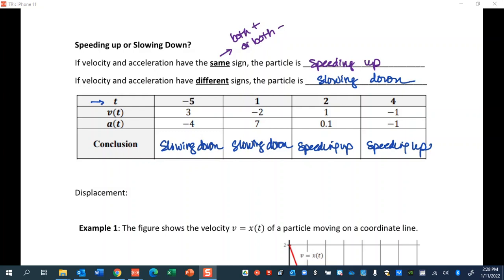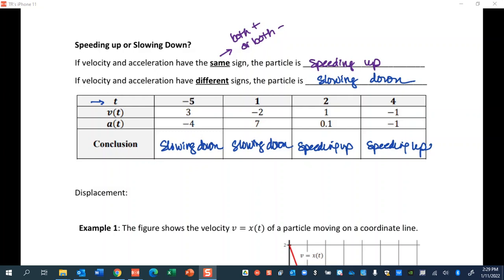If I have a positive velocity and a positive acceleration, that means that my value is speeding up. If I have a negative velocity, that means I'm falling, and I'm falling at a faster rate. Speeding up. I'm approaching that negatively.